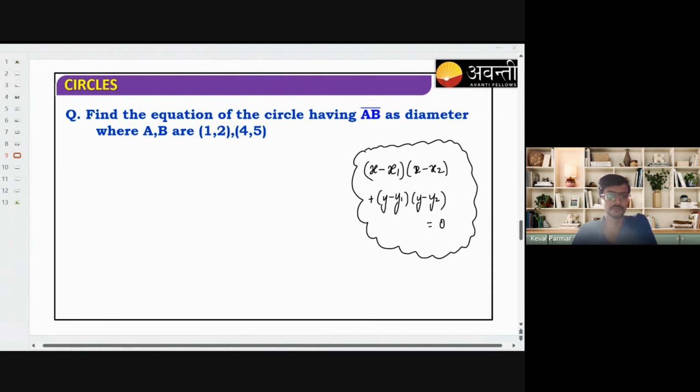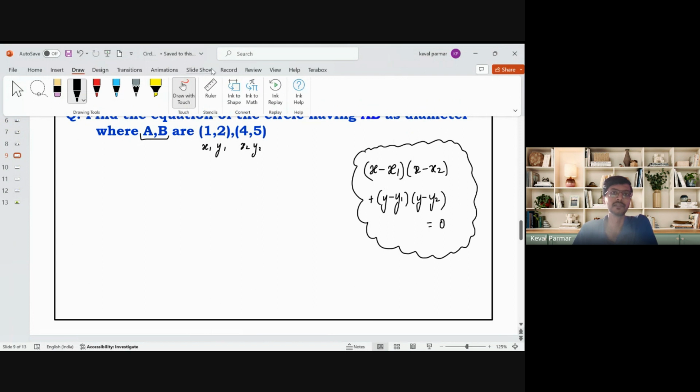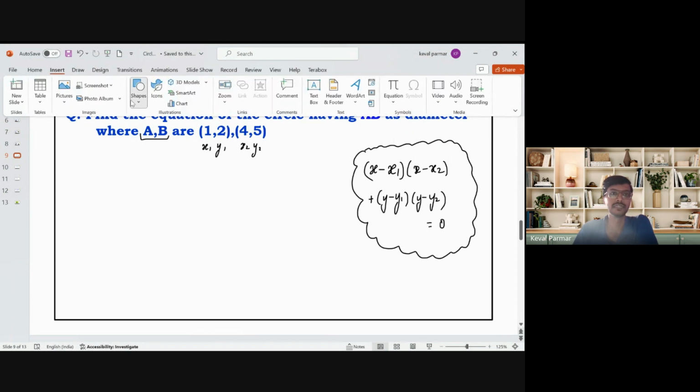That's why I think. Okay, this is the diameter form. Now, what is x1 and y1? These 2 points. This is x1, this is y1, this is x2, this is y2. Why? Because A and B are end points of the diameter.